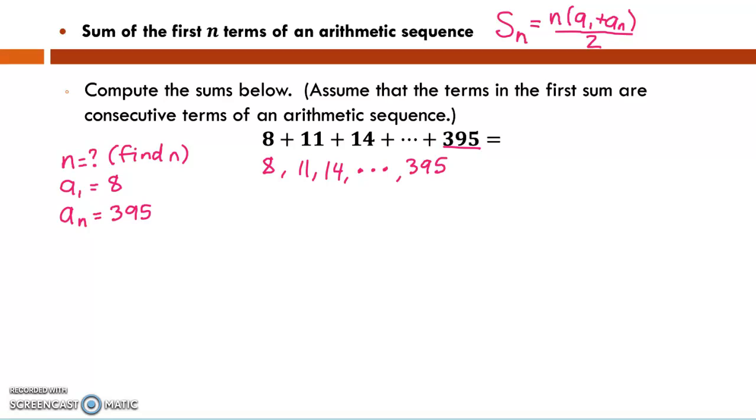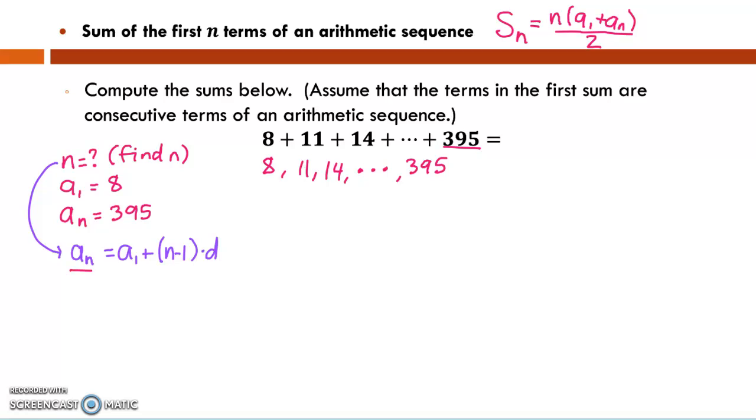Well, I have this other formula with arithmetic sequences that we've used in previous videos, that a sub n equals a sub 1 plus n minus 1 times d. Now in this equation, what do I need to know?